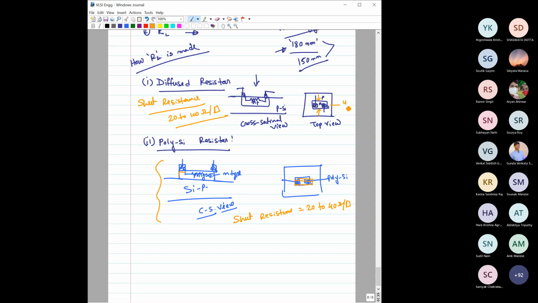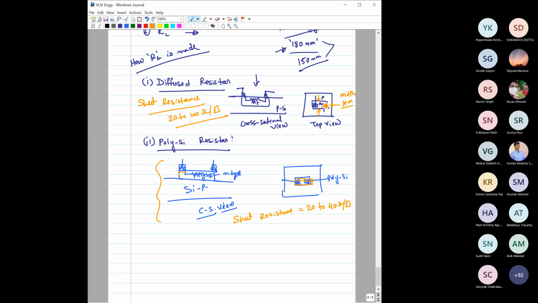That would be in the range of a micrometer. You cannot really go below this. It is tough to go below this width. So you have to consider that this width will be around a micrometer, say 1 micrometer, maybe more.